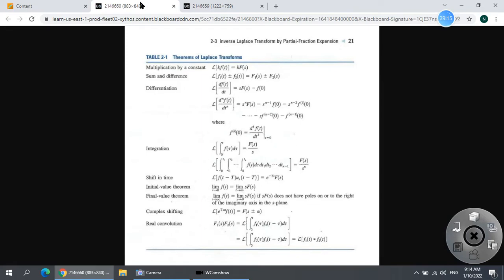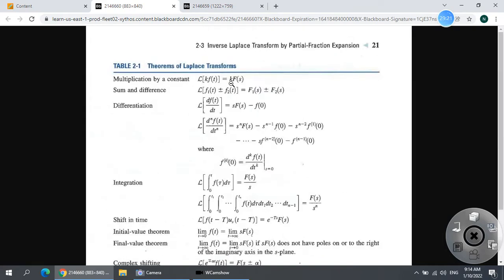Okay, the first one. The first table is the properties of Laplace transform. Like this one we just discussed, right? The derivative of the signal, we just use v of t, take the derivative, then perform the Laplace transform, it equals s times V of s.